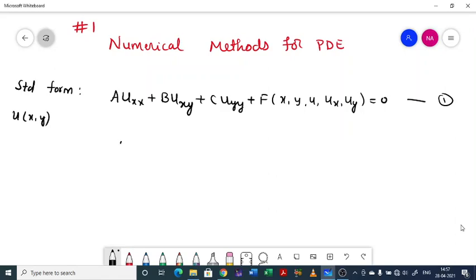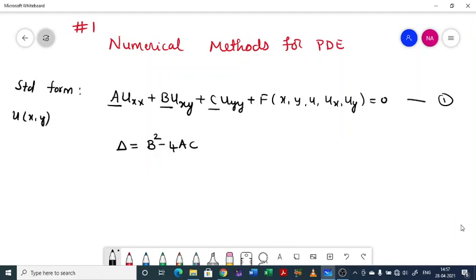The discriminant is delta, which is given by b square minus 4ac. This quantity is called the discriminant of the given differential equation. Where a, b, c can be obtained from here. Generally, a will be the coefficient of u double x, b will be the coefficient of the mixed derivative, and c will be the coefficient of u double y.